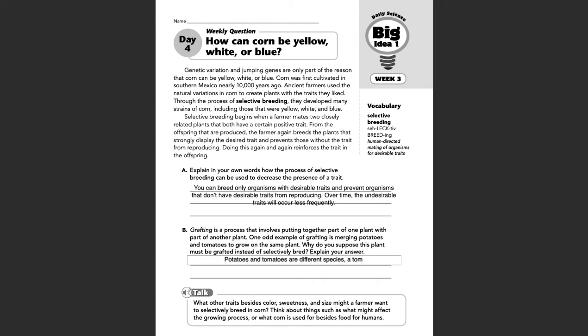A tomato could never naturally produce potatoes and vice versa. So there you have it.